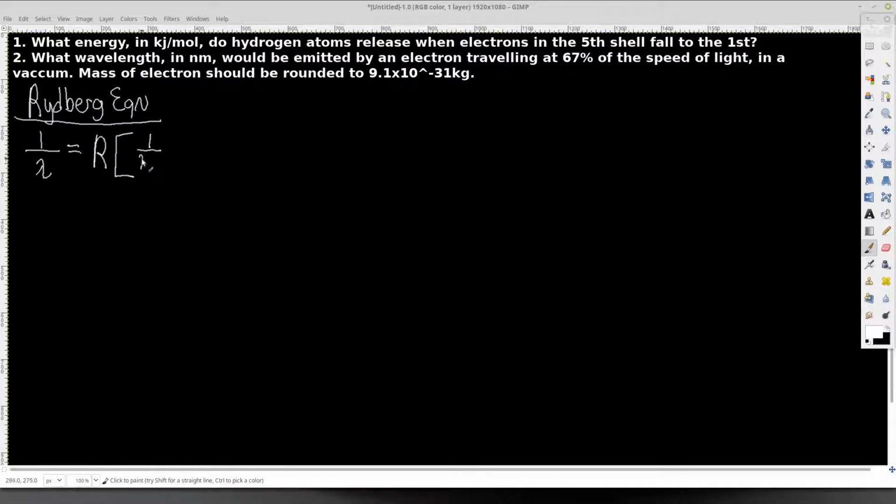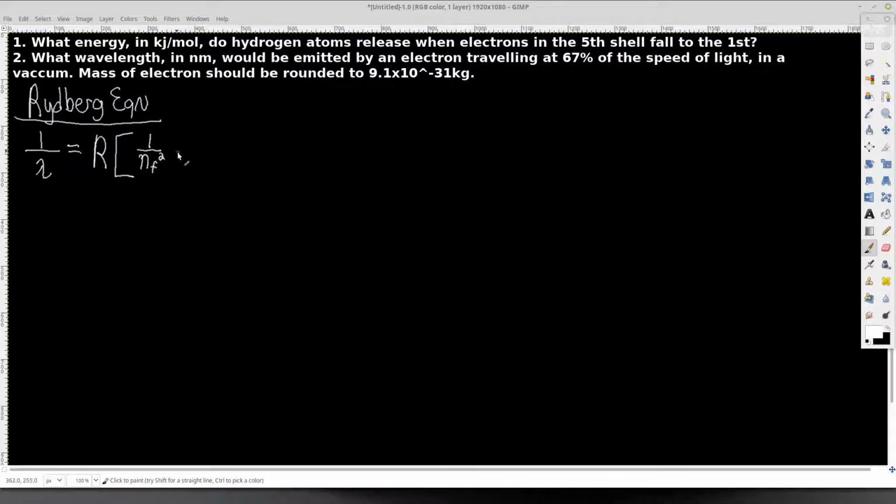This N is basically an energy level. The first N is your final energy level that it's going to rest in, so I'll put a little f there. Some equations will show maybe a 1 or a 2 there, or even an f like I've written here. But we need to make sure that we square this quantity.